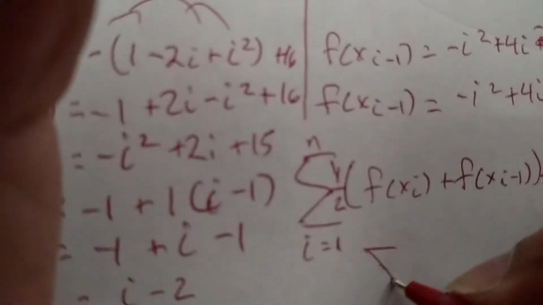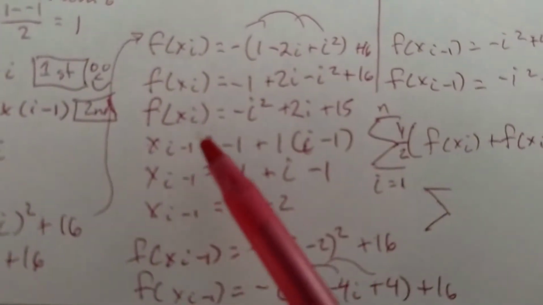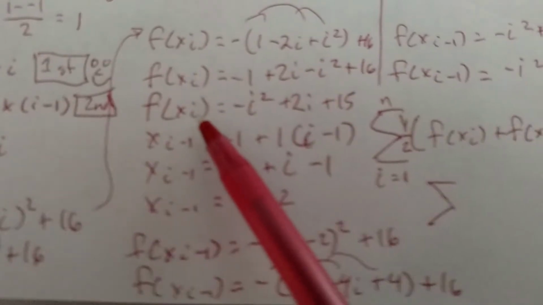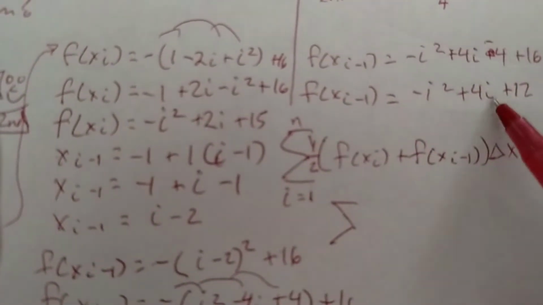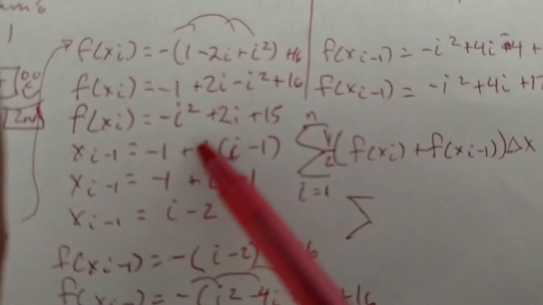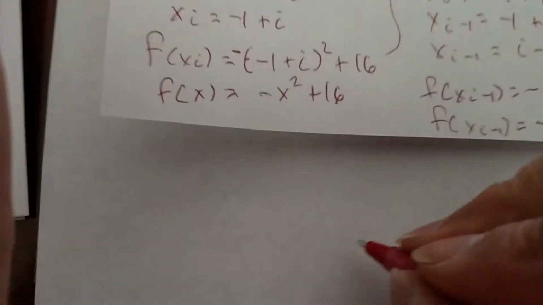You know what? No, I'm not. Alright, so basically you have your f of x of I, which is all that right there, and then your f of x of I minus 1, which is all that. So you're going to write that there and that there. Okay? So let's do it.